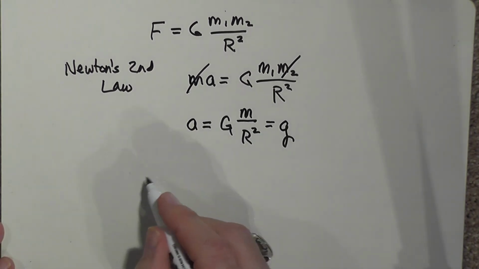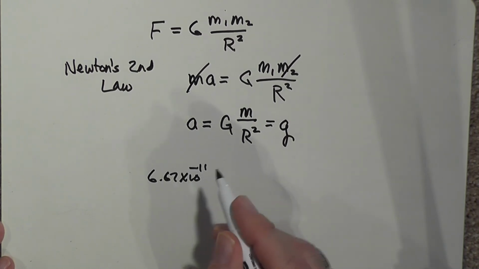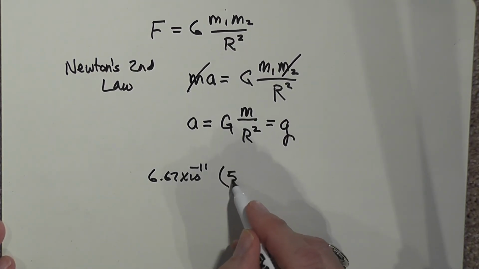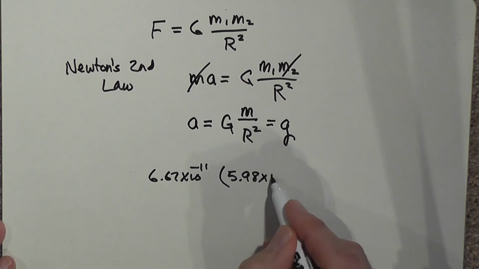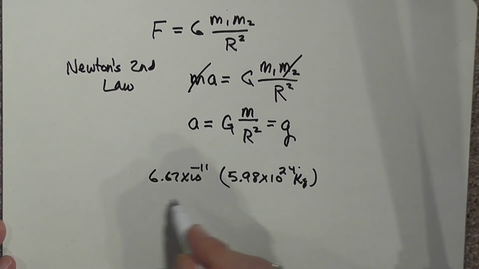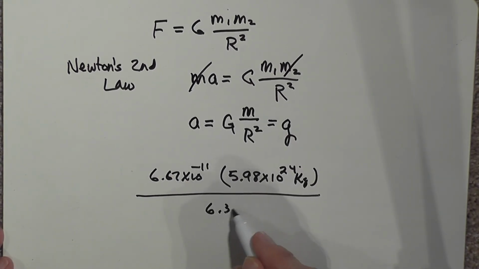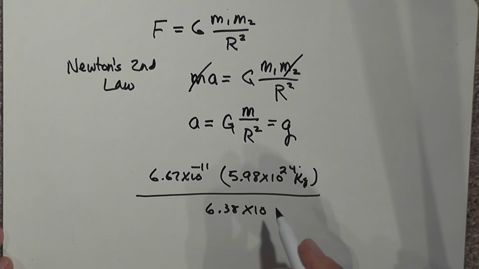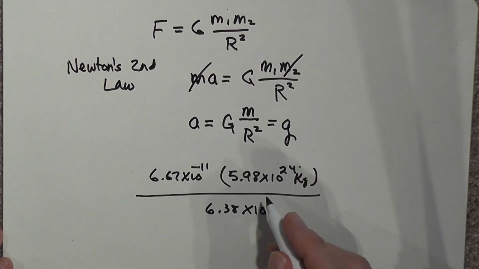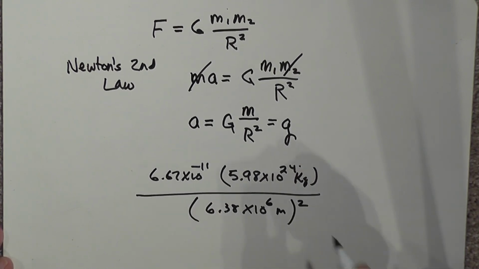And so it is 6.67 times 10 to the negative 11 times the mass of whatever planet, in this case Earth, 6 times 10 to the 24th kilograms, all divided by what? Well, the radius of the Earth this time again, 6.38 times 10 to the 6 meters, and it gets squared, okay?